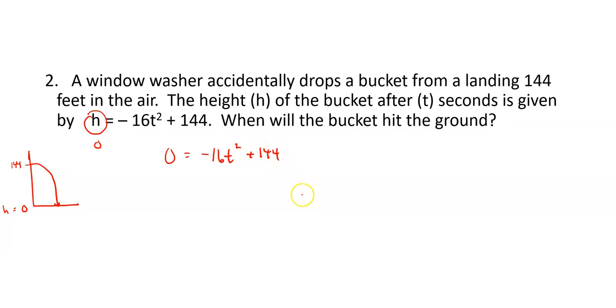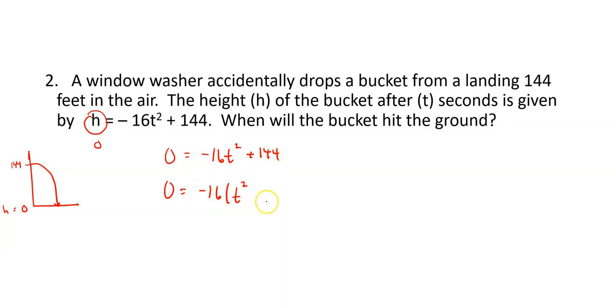Well, is there a common factor between the 144 and the 16? I mean, the first thought might be, can I take 144 and divide it by 16? The answer is yes, I can. So actually, let's make this easier. Let's factor out a negative 16. So negative 16t squared divided by negative 16 is just t squared.